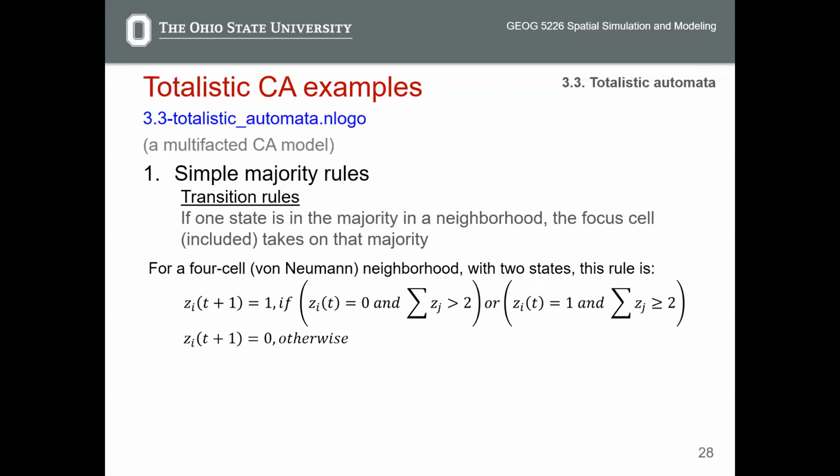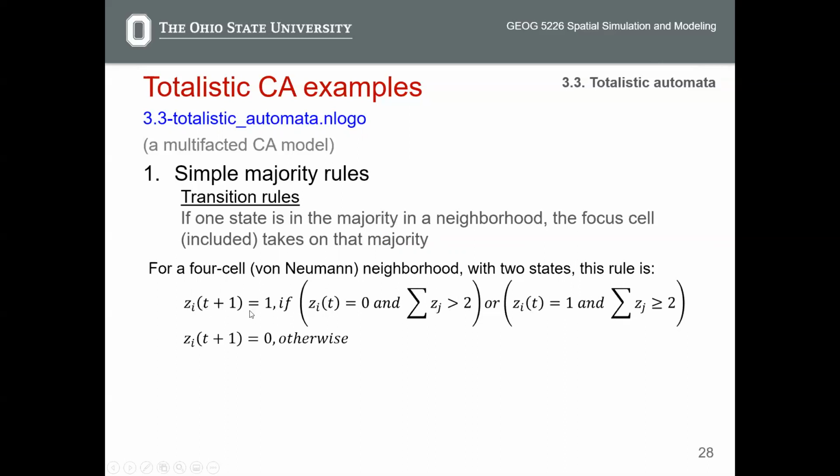If 3 cells are 1, then after the next tick, the central cell should be 1. If 3 cells or even more cells are 0, then 0 is the majority, and after the next tick, this focal cell should be 0. So if currently the focal cell is 0, but the sum of the neighborhood is already larger than 2, then we know that 1 is the majority.